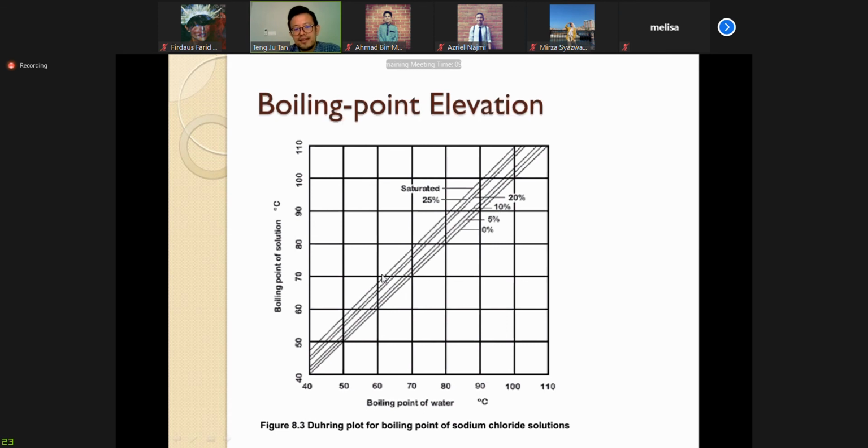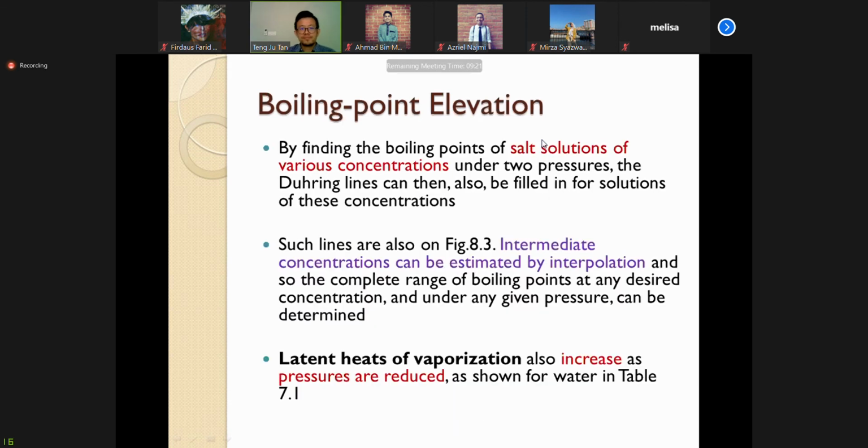You see the line is all on top of the line of the pure water, 0%. So by finding the boiling points of salt solutions of various concentrations under two pressures, the Duhring line can then also be filled in for solutions of these concentrations. Such lines are also on figure 8.3.